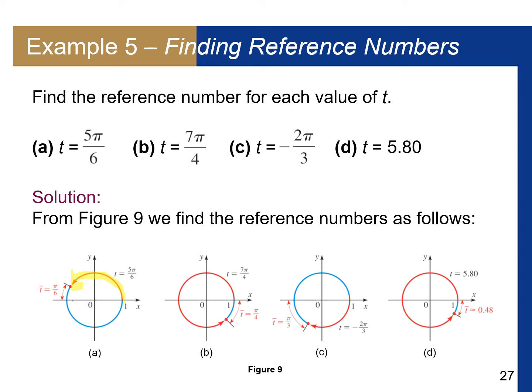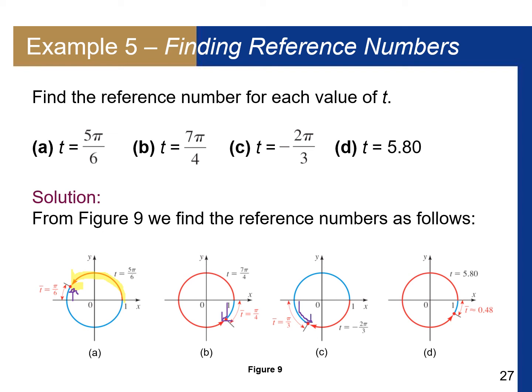Okay, so that shortest distance would be right here. In the second one, I have 7 pi over 4. So again, the shortest distance would be right here from the x-axis. And for 2 pi over 3, my shortest distance would be right here to the x-axis.